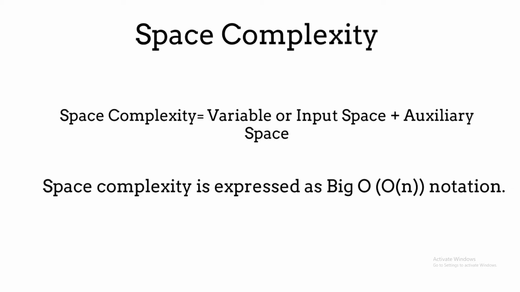It is the space occupied by the input variables and output variables, plus the auxiliary space. Auxiliary space is the space that is occupied by the temporary variables. So space complexity is also expressed in big O of n notation, where n is the number of inputs given to a particular program.